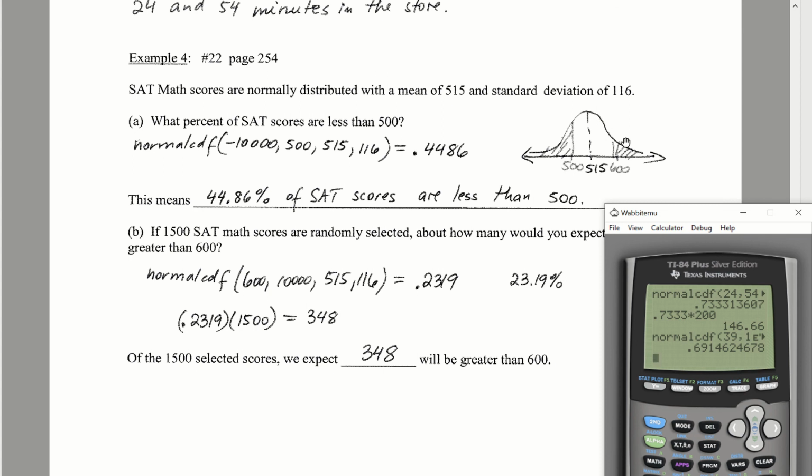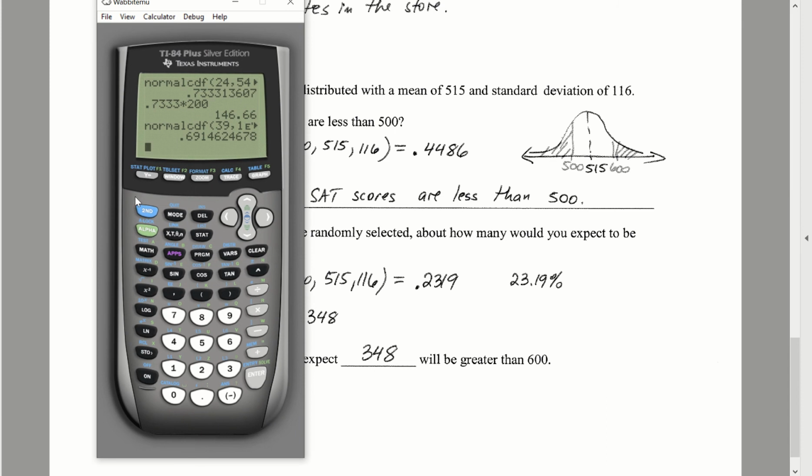Here's our bell-shaped curve. The mean is 515, which would be right here. We want to know the amount or the percentage that's less than 500. 500 is to the left of the mean, and less than it would be everything to its left. So we need to first find this probability proportion here. We can do second distribution, normal CDF.